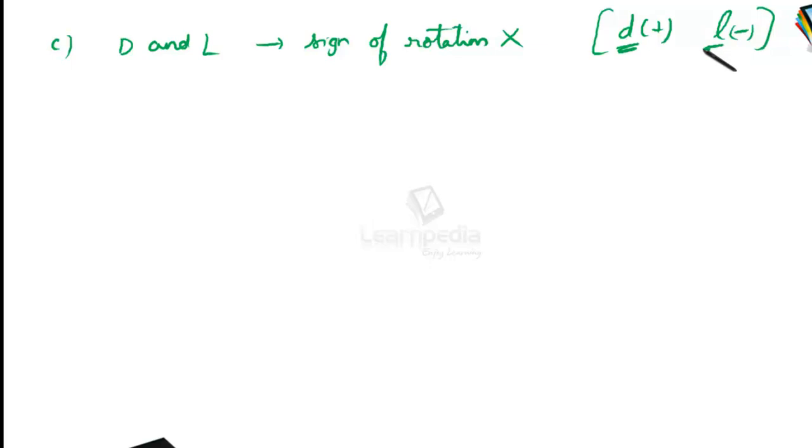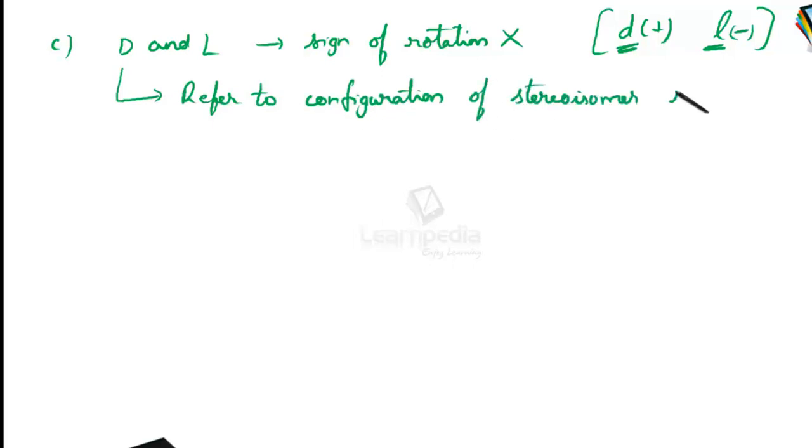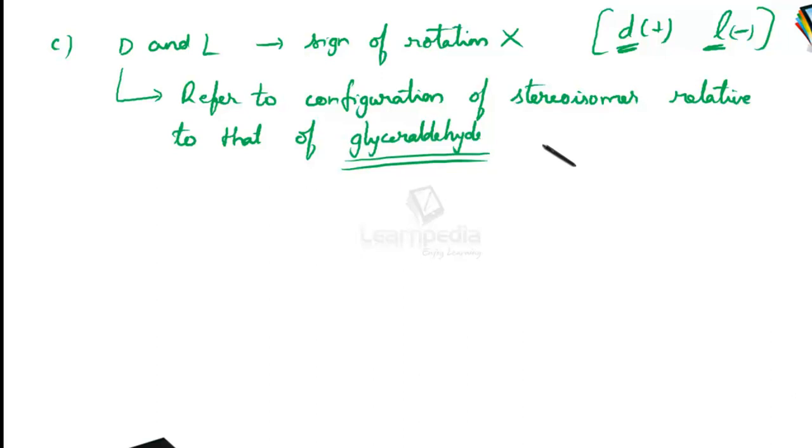And it is the small d and small l, but not the capital D and capital L. Then what do the capital D and capital L indicate? So this D and L refer to the configuration of a stereoisomer relative to that of glyceraldehyde. So D and L indicate the relative configuration with reference to glyceraldehyde.